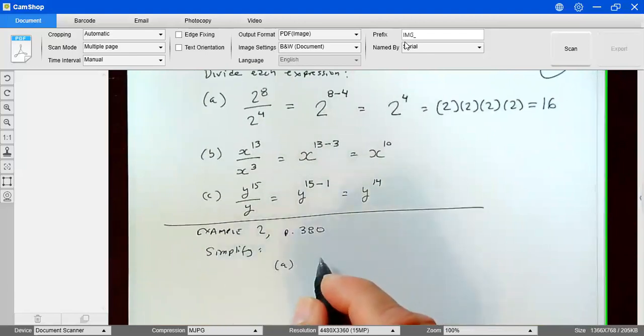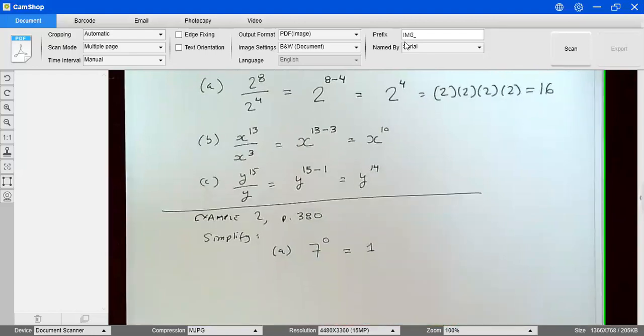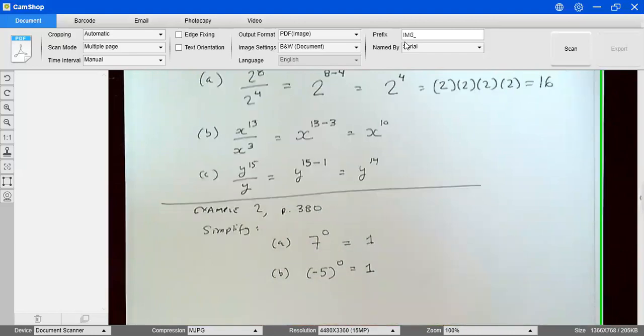We have 7 to the 0. So the base is 7 and is different than 0. So the answer is 1. In the next case, we have (-5) to the 0. So the base is -5 is different than 0. Then the answer is 1.